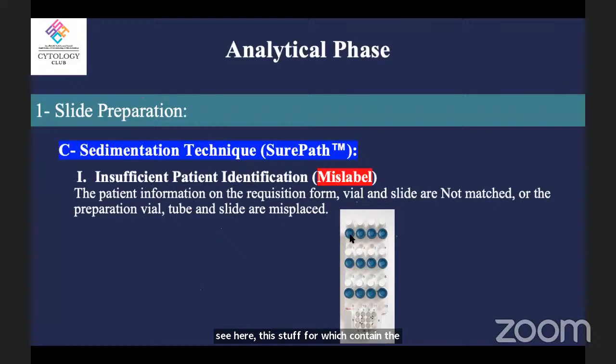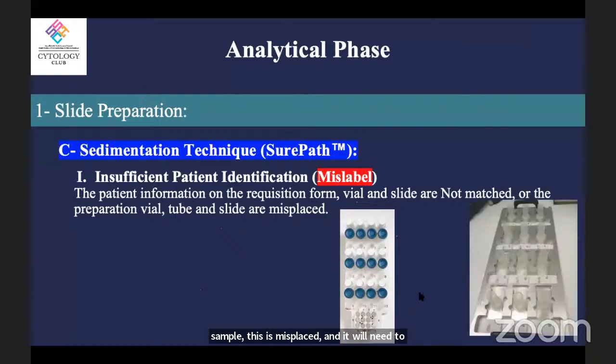This is the first sample here on the left, the second sample, third and fourth, and also the tubes. After this processing, when you transfer the tube, if by mistake you misplace it and you put the tube of the first sample here in the position of the fourth sample, this is misplaced and it will lead to misdiagnosis because this sample is not related to the patient.